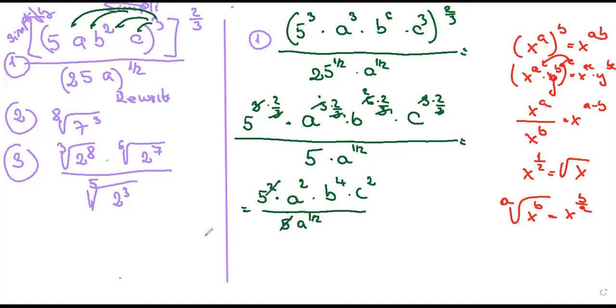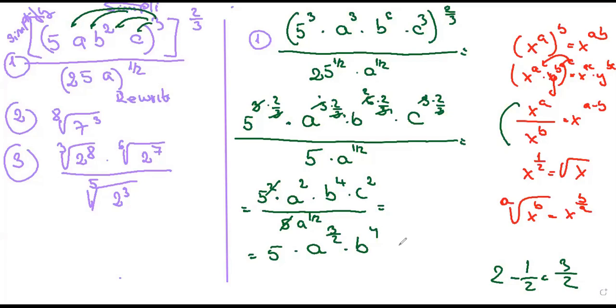5 and 5 to the power of 2 simplify. And because we have a fraction and we have A to the power of 2 minus 1 over 2, 2 minus 1 over 2 is 3 over 2. So the result will be 5 times A to the power of 3 over 2 times B to the power of 4 C to the power of 2.